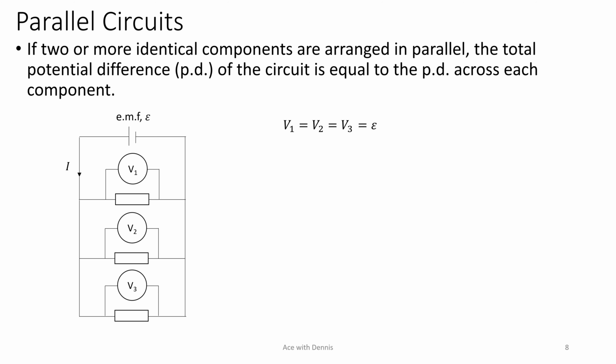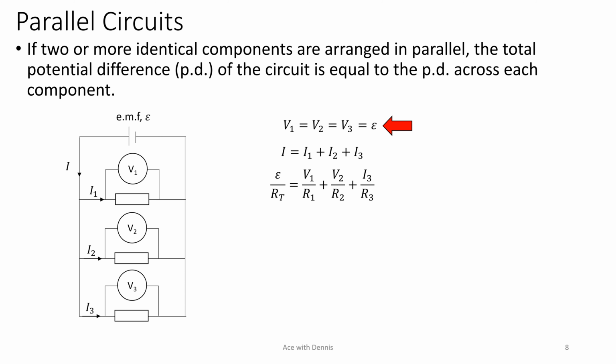Let's say I is the current flowing out from the cell, and it is split into I1, I2, and I3. So from here, I equals I1 plus I2 plus I3. And I is EMF over R total. I1 is V1 over R1, I2 is V2 over R2, and I3 is V3 over R3.